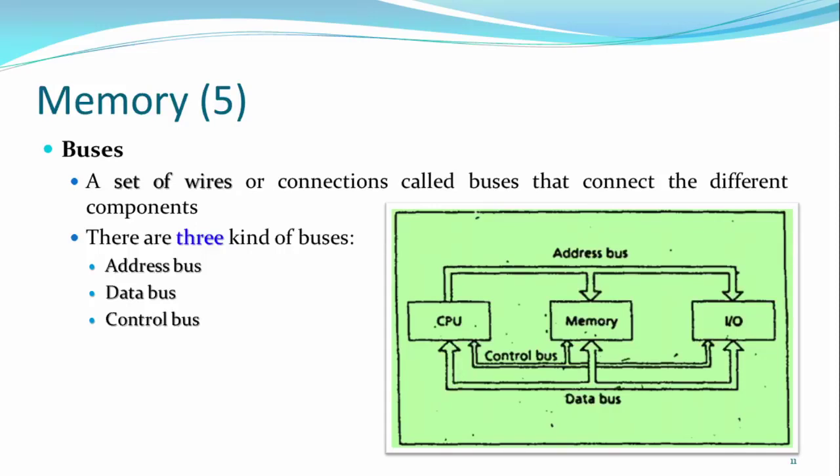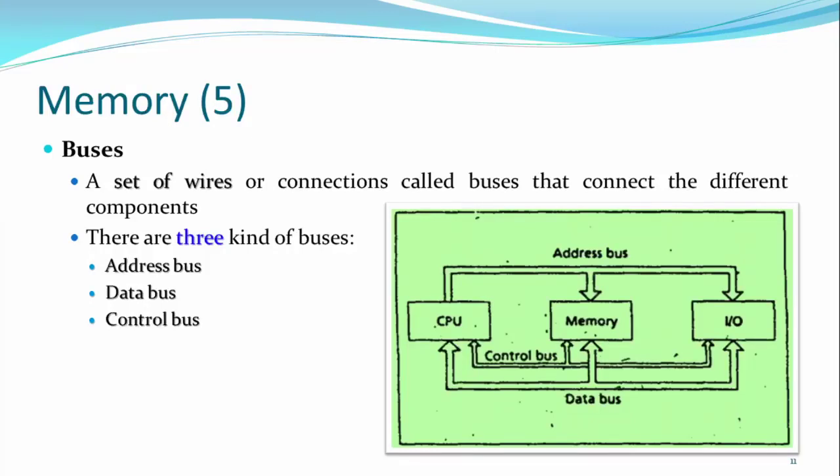So if I ask you what the system bus is, you can simply say the combination of the data bus, address bus and control bus represents the system bus. It is the bus system for your computer.